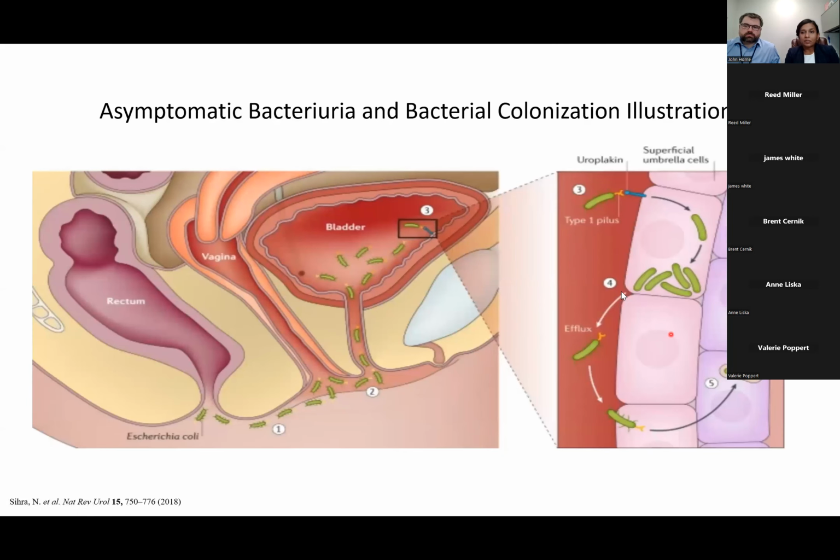So I really like this picture. It gives a really nice view of where bacteria are. Here we see our rectal area, our colon coming in there. Obviously our stool has millions and billions of bacteria, lots of good bacteria, including, for example, E. coli.